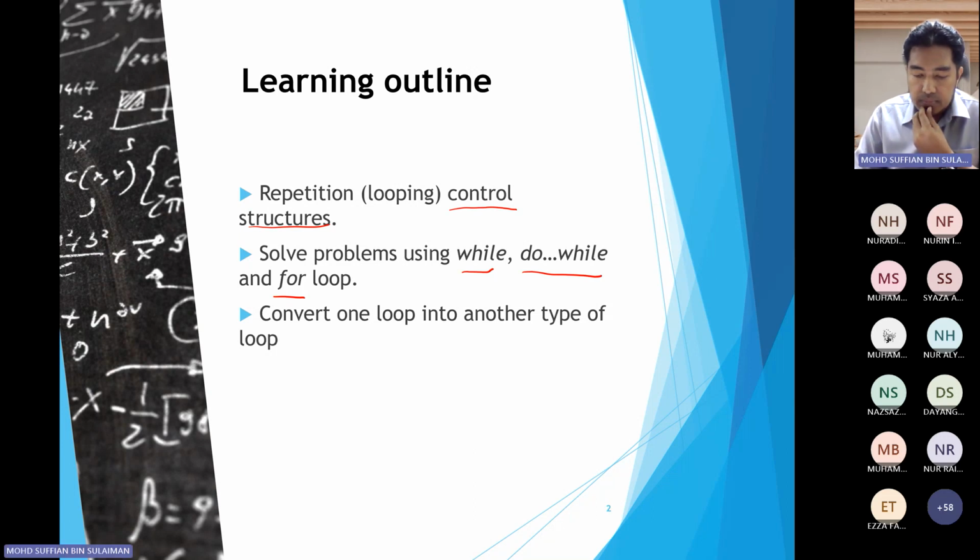And then you need to know how to convert, let's say I give you a loop in while, and you can convert to do-while, or you can convert to for loop, or vice versa.